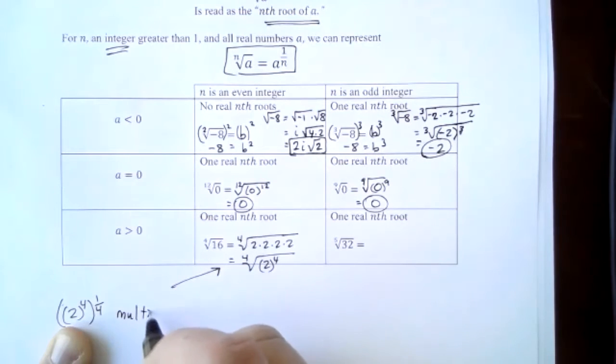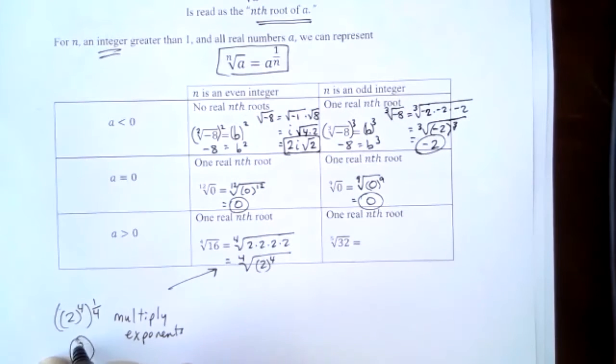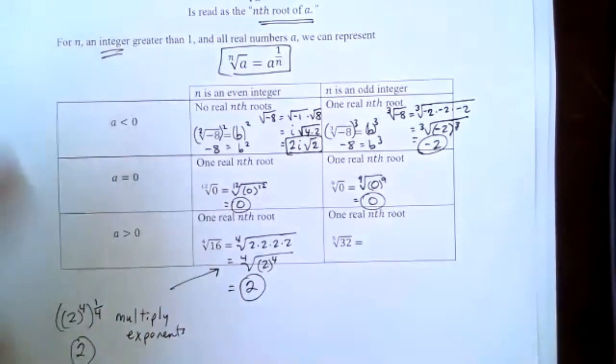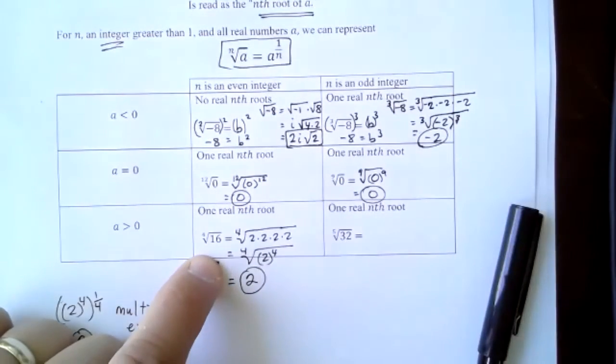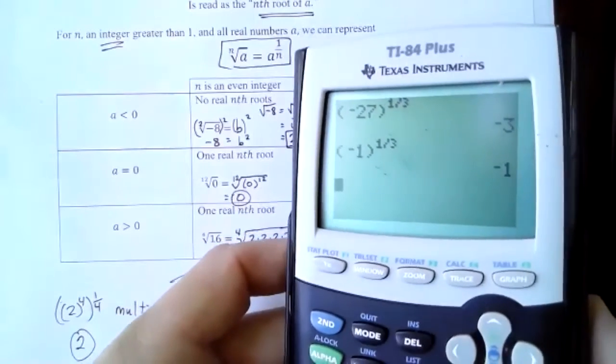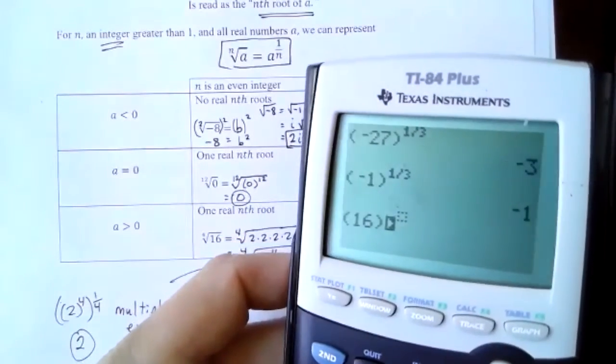You would multiply the exponents, and you'll notice that 1 is the reciprocal of the other. So we have 4 over 1 and 1 over 4, and what happens is you get a cancellation here. And so this would equal an even 2, right? So that's what's going to happen here. The 4th root of 16 is 2. And I'm going to prove that to you on the calculator. So I'm going to go over here and do the 4th root of 16.